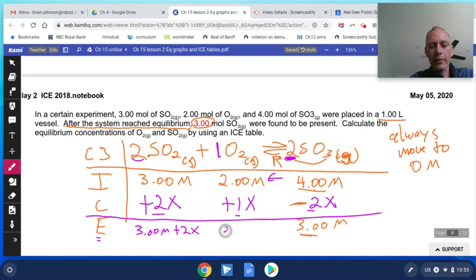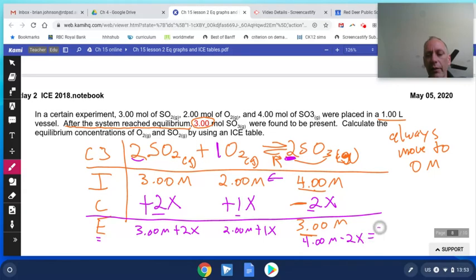We started with 2 moles per liter and we gained 1x. We started with 4 moles per liter and we lost 2x, and we have the answer, 3 moles per liter. So this is how we solve for x. 4 moles per liter minus 2x equals 3 moles per liter. Rearrange it all and solve, and x is 0.50.